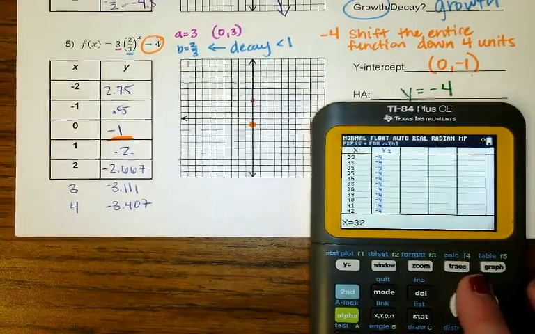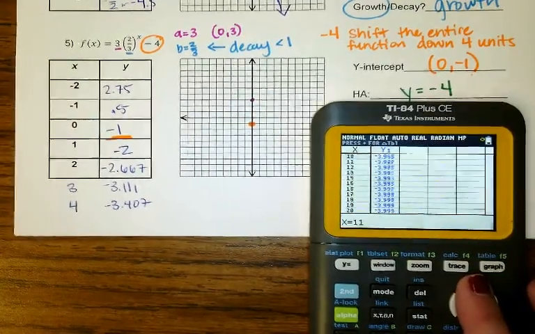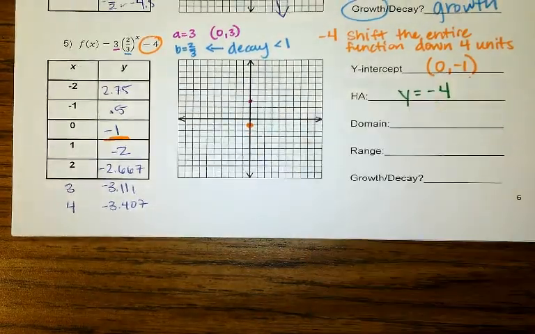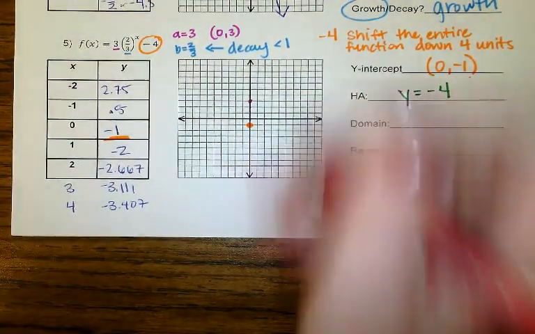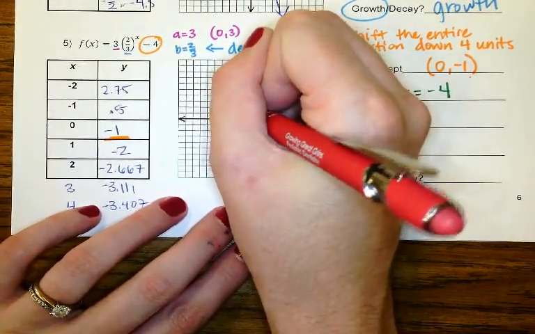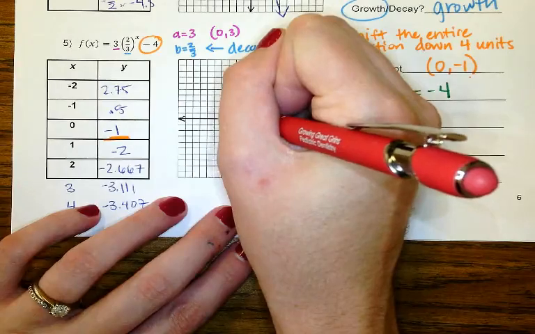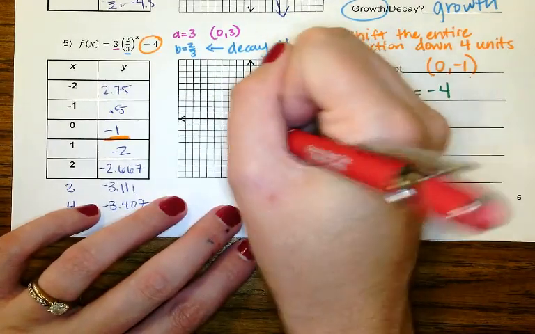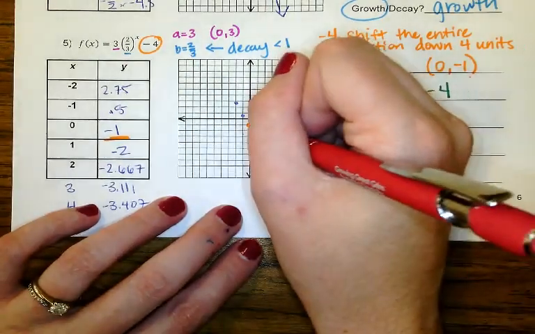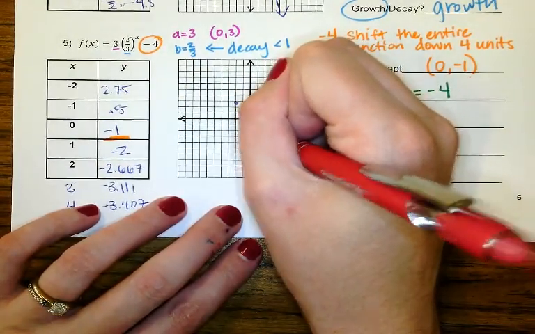So if we graph these points: -2, 2.75; -1, 0.5; 0, -1; 1, -2; 2, -2.67. There we go. So we kind of see how it's going to taper off.